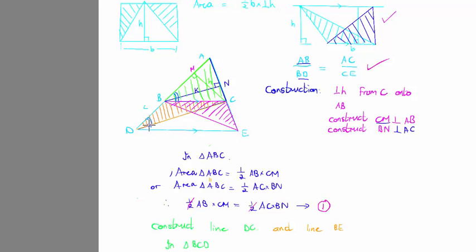No, so if these are equal, then the lines have to be parallel. But she's asking that we have to prove that they are parallel. We don't know they're parallel.